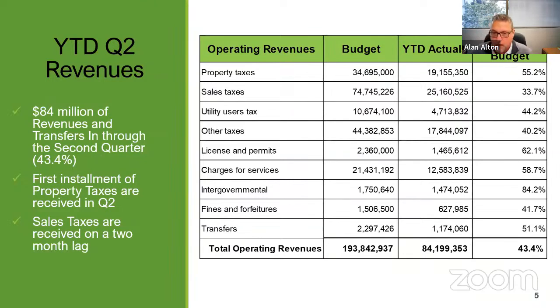Most of those are on a monthly basis, so we're where we want to be, and those are from other funds that pay on a monthly basis that will come into the general fund. So it's just a transfer that comes in to cover the general fund share of the operating for other funds. Next slide, please.